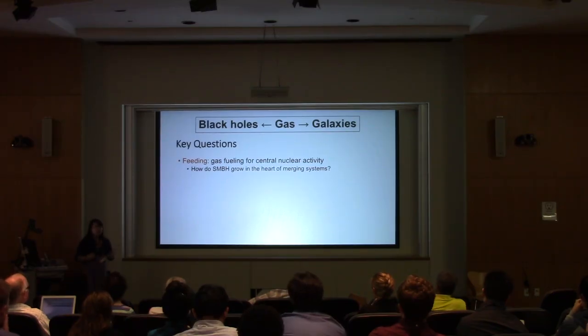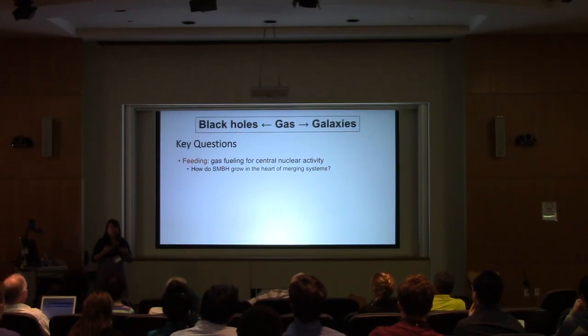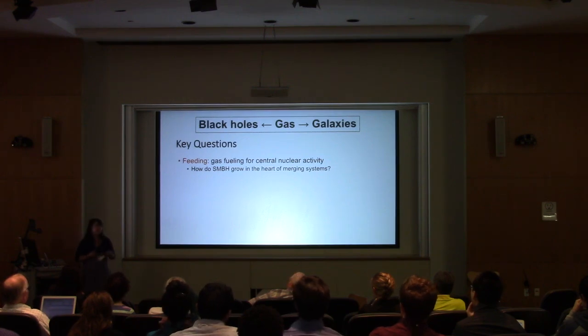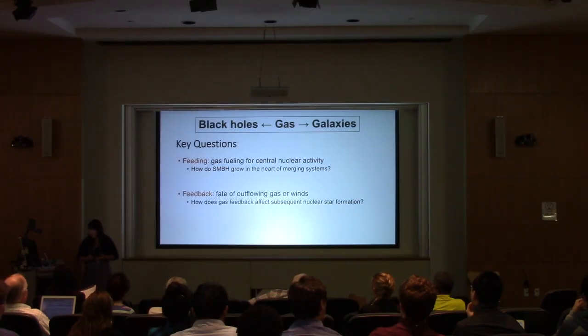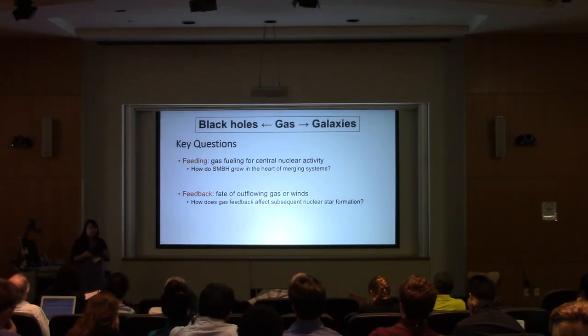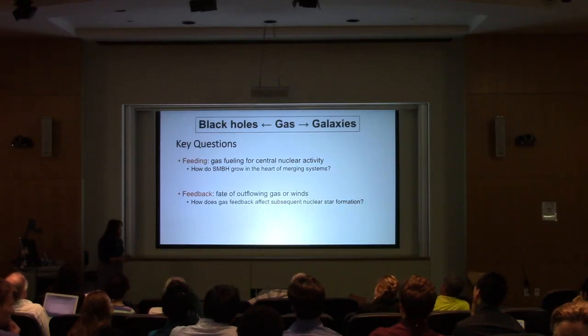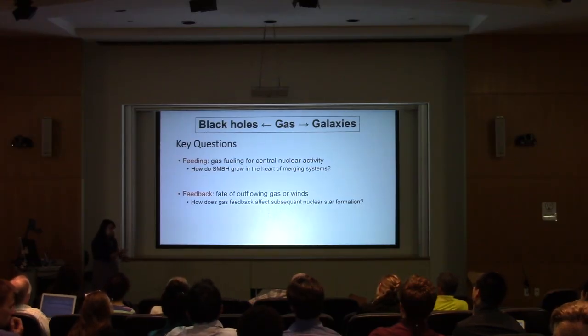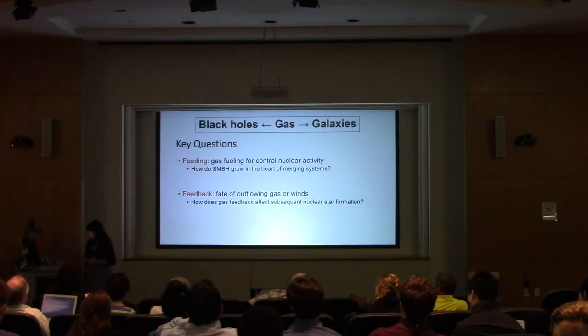Like, there are questions in terms of how supermassive black holes grow, how quickly they grow, when the mass is accumulated, that we don't know for sure, and how big they get before they coalesce. And on the other hand, when the gas is being injected back into the ISM, where it actually ends up on small scales is going to be important in affecting how we think about star formation and the merger's role in all this.